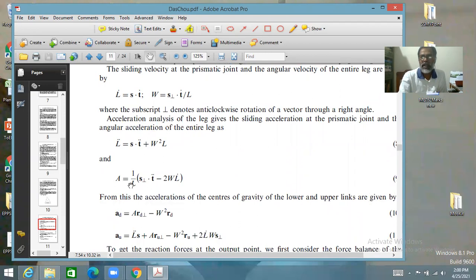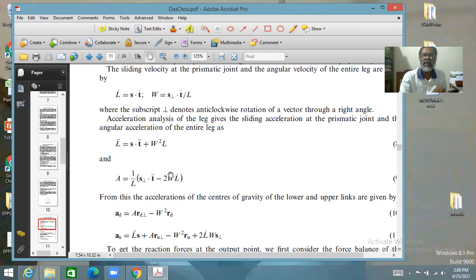So alpha cross L plus twice omega cross L dot into the unit vector along that direction is the other component, the tangential component of the acceleration. So the tangential component we first take from the acceleration.